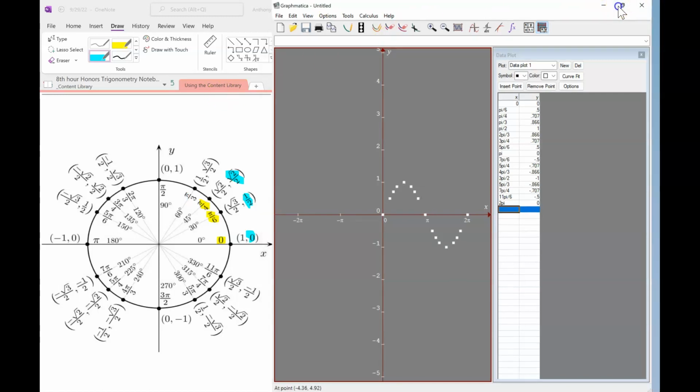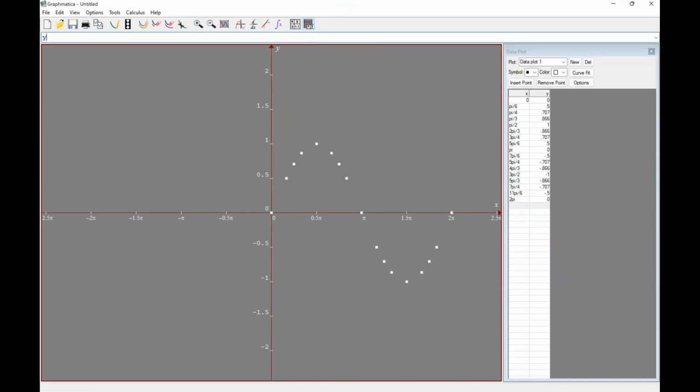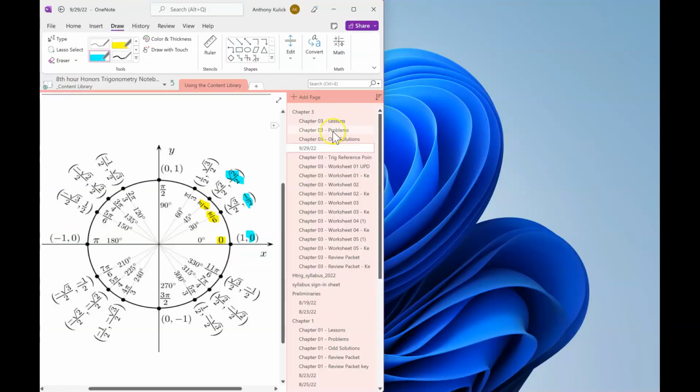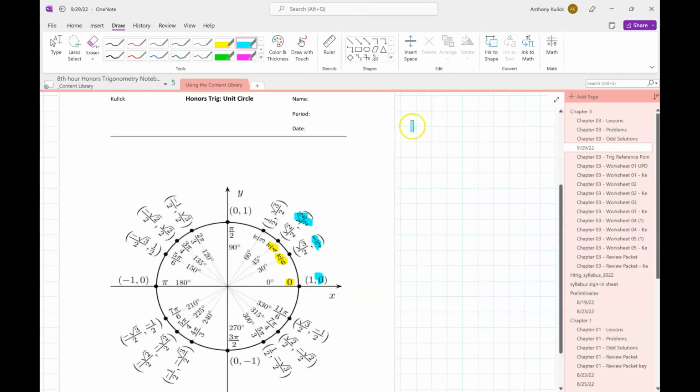So if I look at the picture here, if I just graph the sine function, this is what it looks like. Let's now copy that into our OneNote.